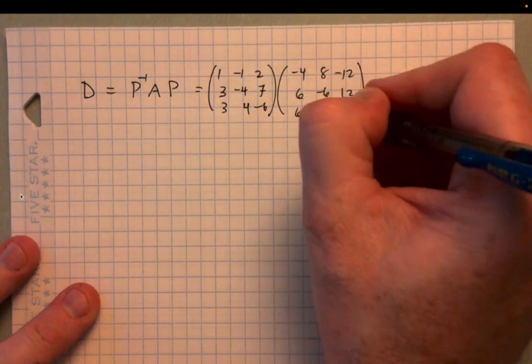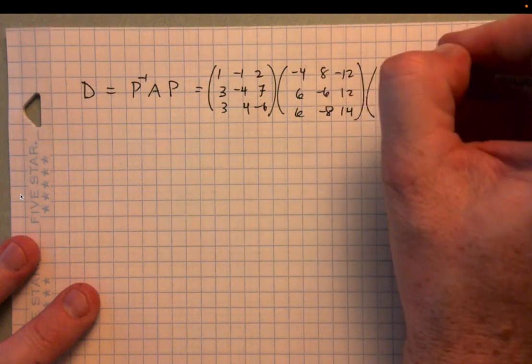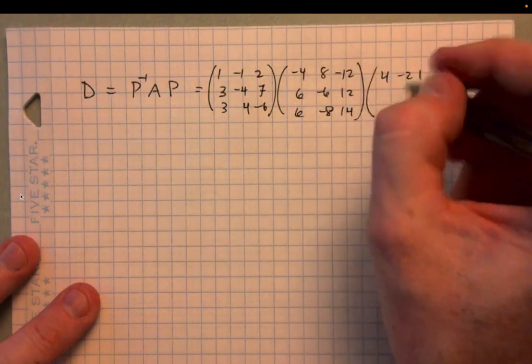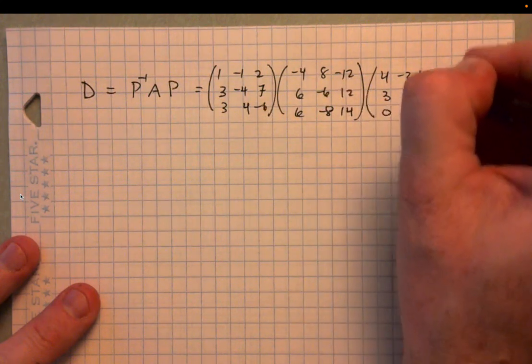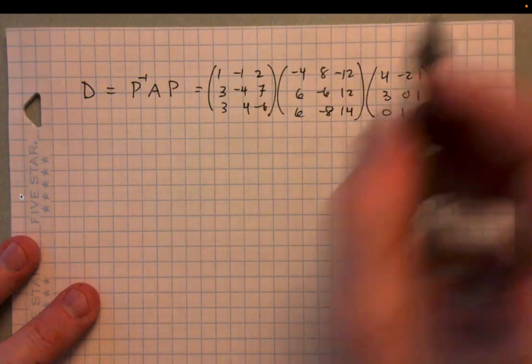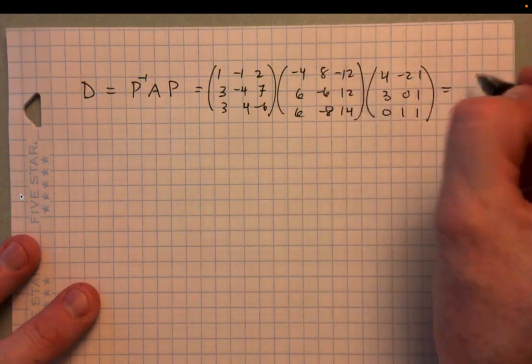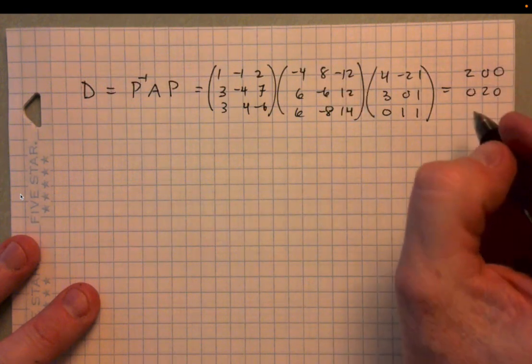There's our A. And then P is 4, -2, 1, 3, 0, 1, and then 0, 1, 1. And again, these are the eigenvectors. When you multiply these three together, you get a diagonal matrix: 2, 0, 0, 0, 2, 0, 0, 0, 0.